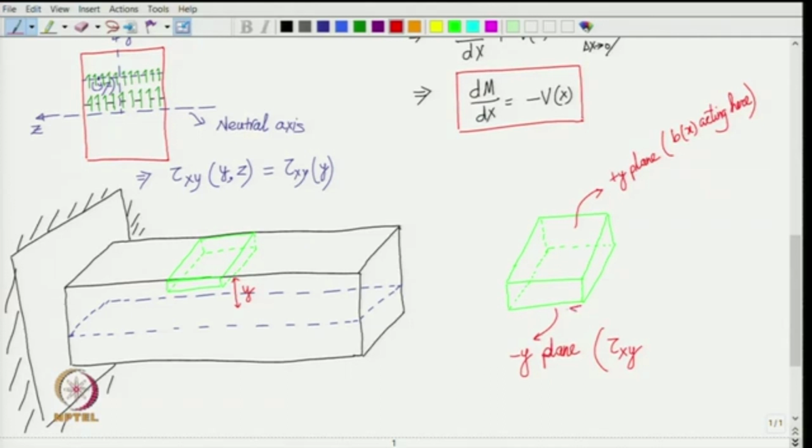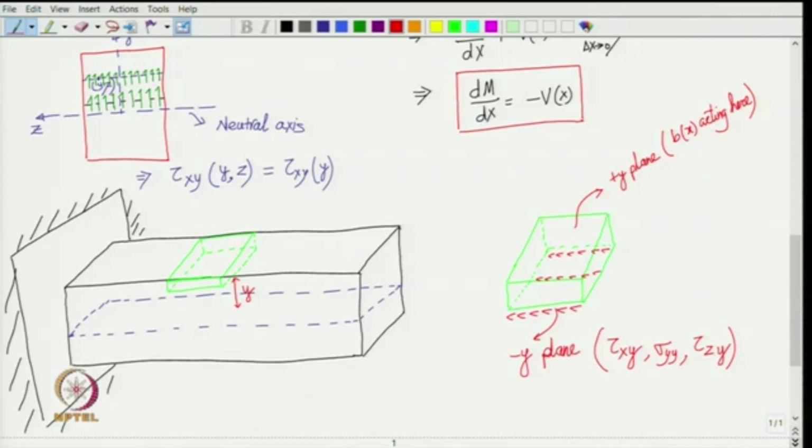So, it goes backward, right, and it is all along the negative y plane. It is also here, it is also here. Okay. It is all along the bottom negative y plane. What else is there? There could be sigma y y, there could also be tau z y, right.